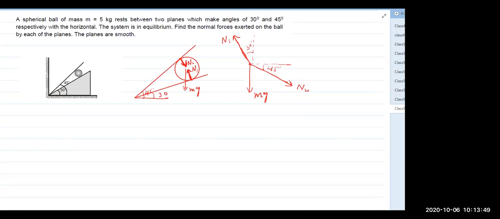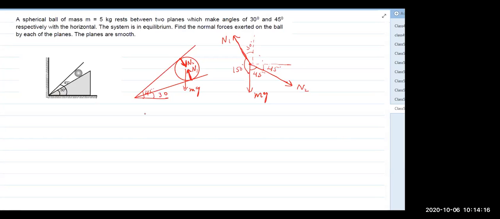So we can use Lami's theorem. First we need to write the angles. If this is 45, this will be 45. If this is 30, then 180 minus 30 is 150. And this side is 90 plus 30 plus 45, that is 165.